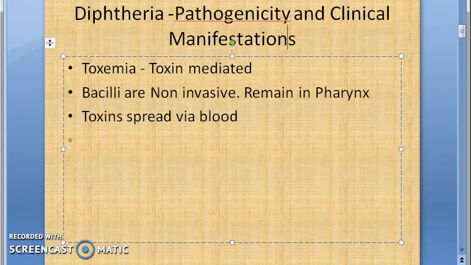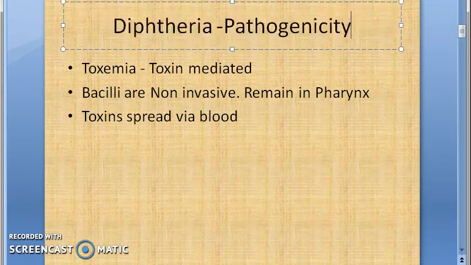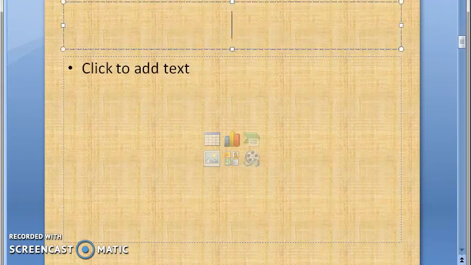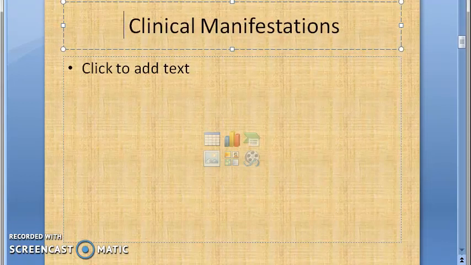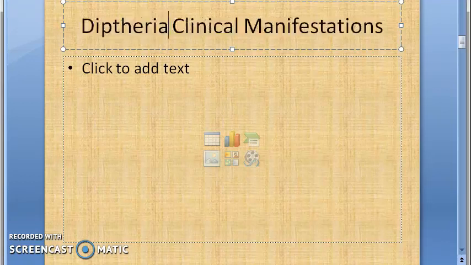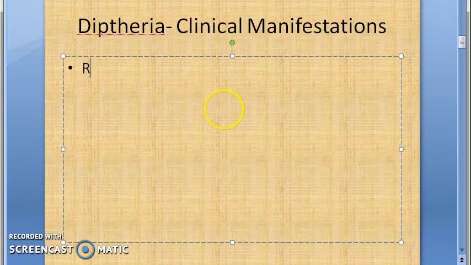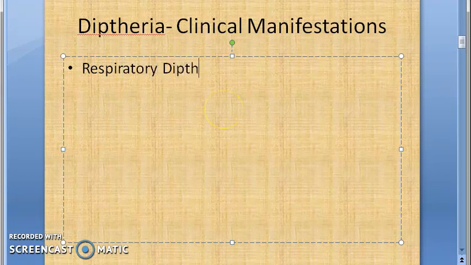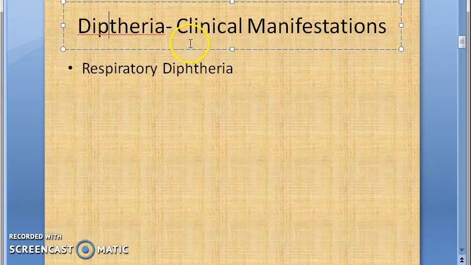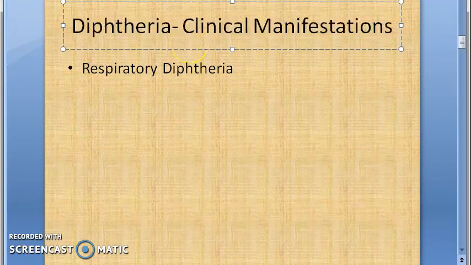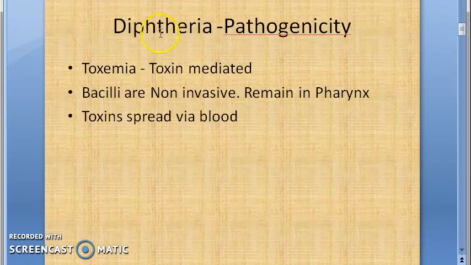So there are different types of clinical manifestations. Let me tell you that. In clinical manifestations of diphtheria, please note the spelling, diphtheria.